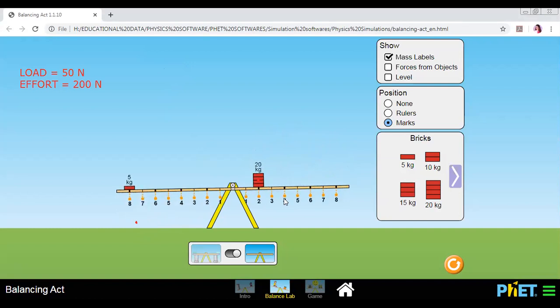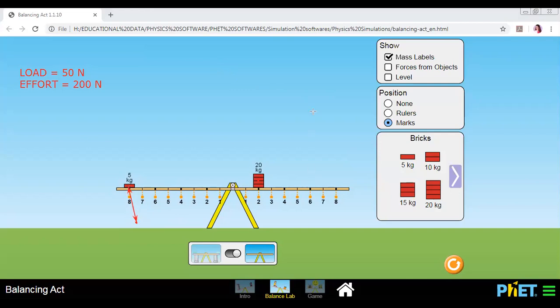Now let's find out how much is the displacement of effort and the displacement of load. You will find this was the initial position, and from here the displacement is till here.